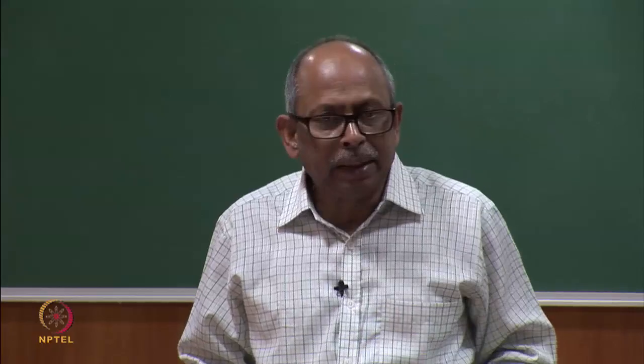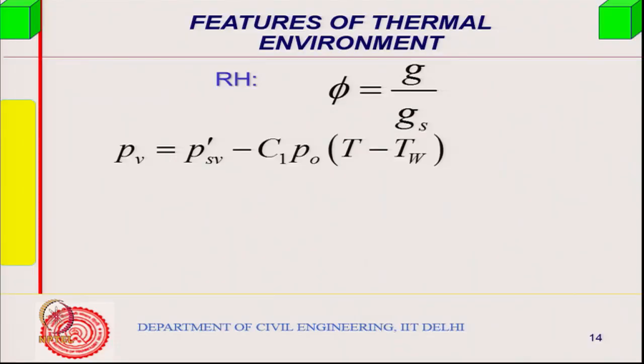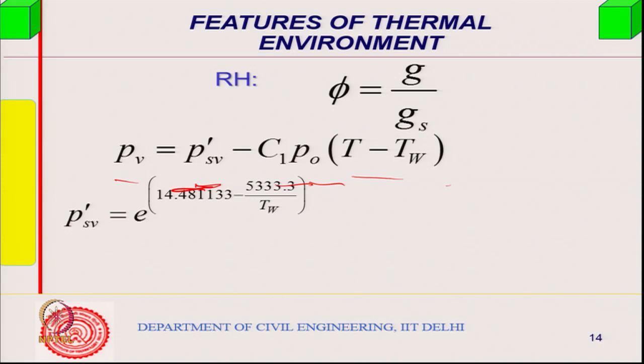One of them is like this: partial vapor pressure is a function of PSV, some constant, P0, the atmospheric pressure, and T minus TW. PSV is calculated from this empirical formula and depends only on the wet bulb temperature.